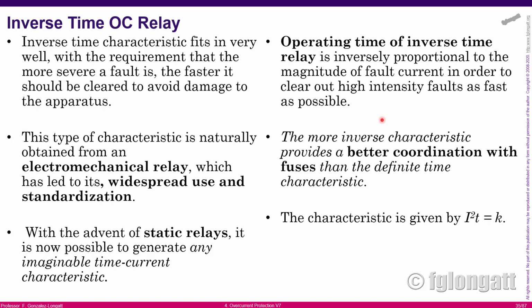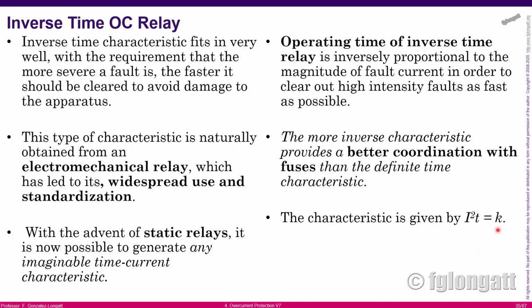Okay, that was what allowed a better coordination between fuses and overcurrent relays, because fuses work extremely fast on overcurrent, but that depends on the time duration of that overcurrent. For that reason, the instantaneous characteristic was not good enough to have a full coordination with the fuses, and that is the starting point for the use of the inverse characteristic.